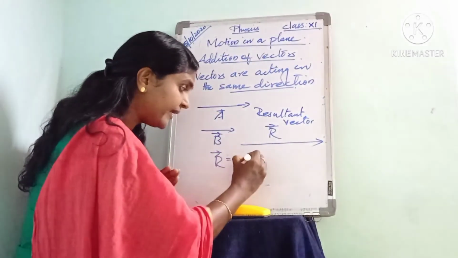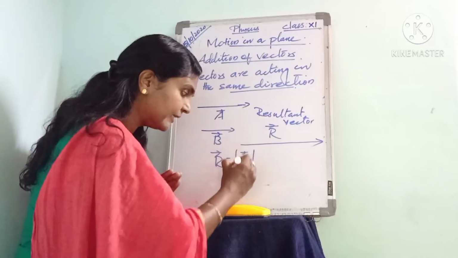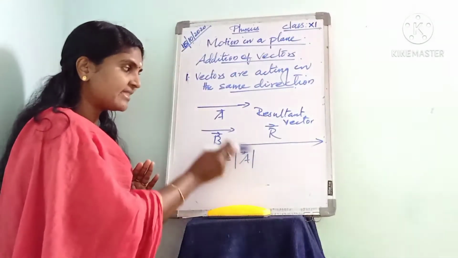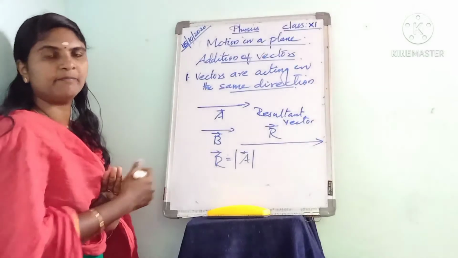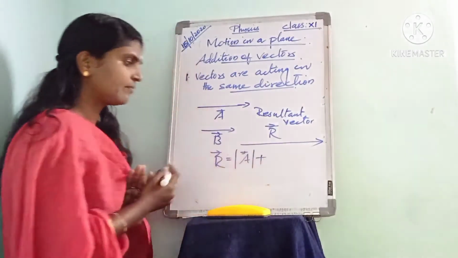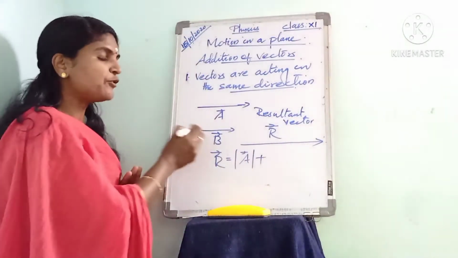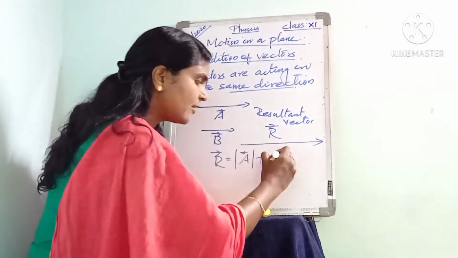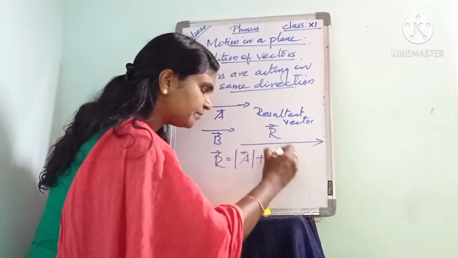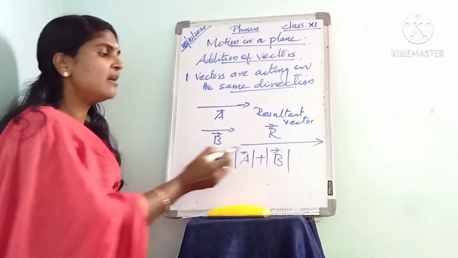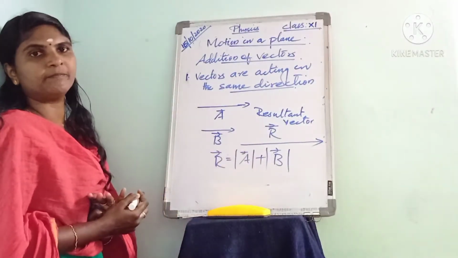It is mod A. I think we have already learned this. The modulus of A gives the magnitude of vector A. Plus, then take the magnitude of vector B, which is mod B, the modulus of vector B.